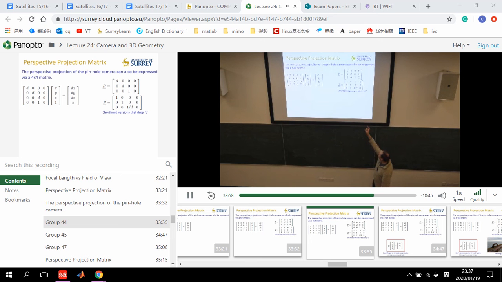So here we're projecting our points, so x becomes dx over z, y becomes dy over z. We forget about z because we don't care, because everything's been projected to z equals d, and we obviously have the homogeneous coordinate in there. So this is a shorthand way of writing the perspective projection matrix that discards that effectively useless information, which is where z lands up, because we know it's going to be at d.